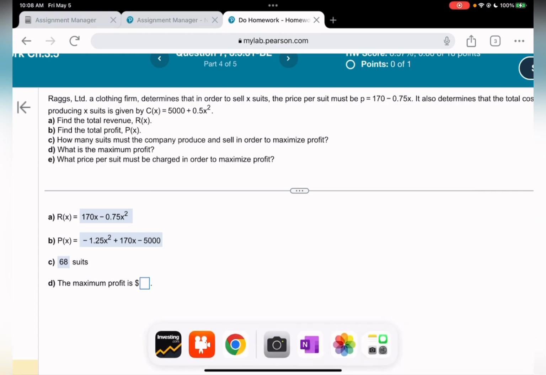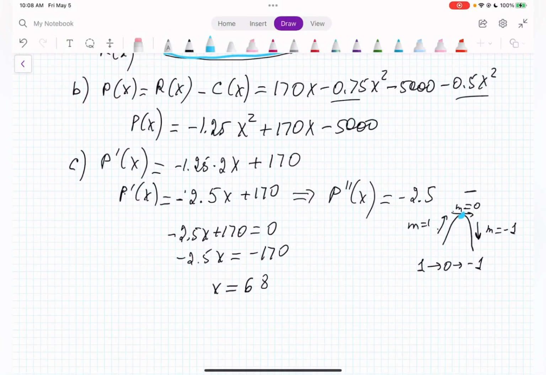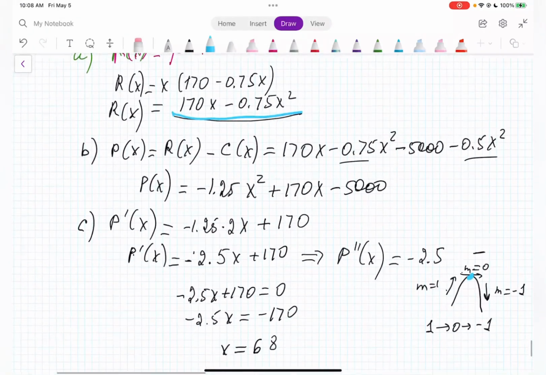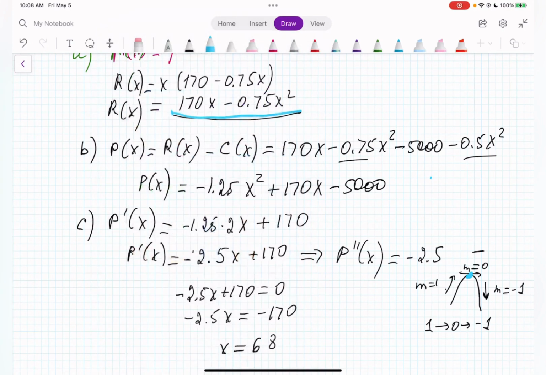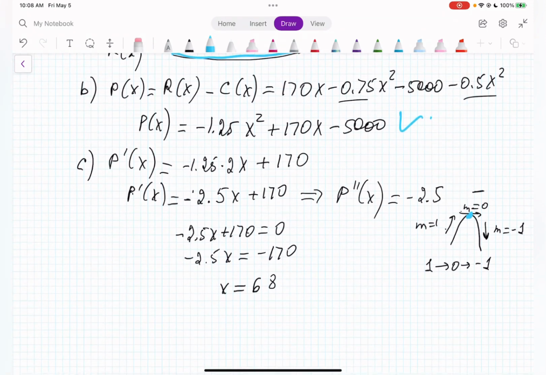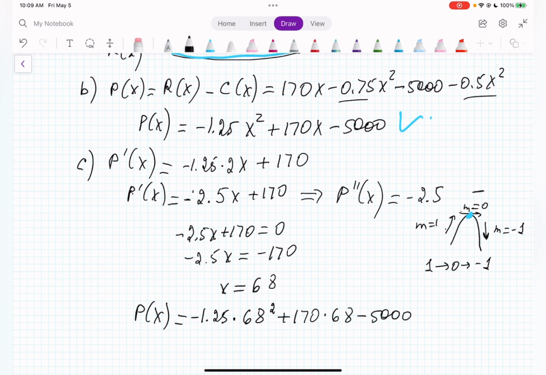So to find maximum profit, what we're going to do is take 68 and plug into our original profit, this one. That is our original profit, right? So it's profit, P, is equal negative 1.25 times 68 squared plus 170 times 68 and minus 5,000.